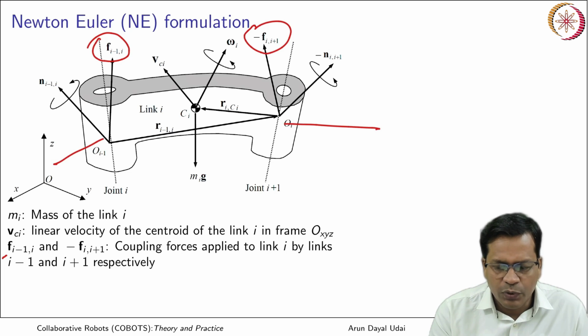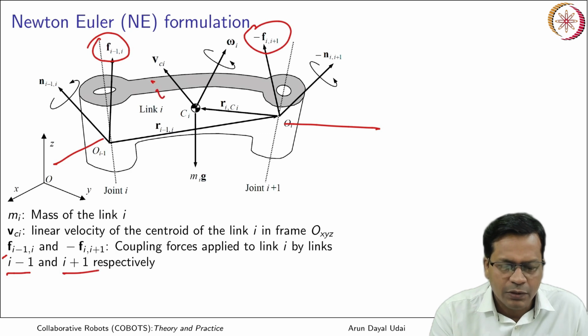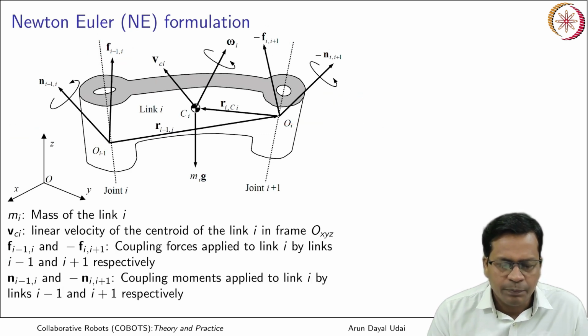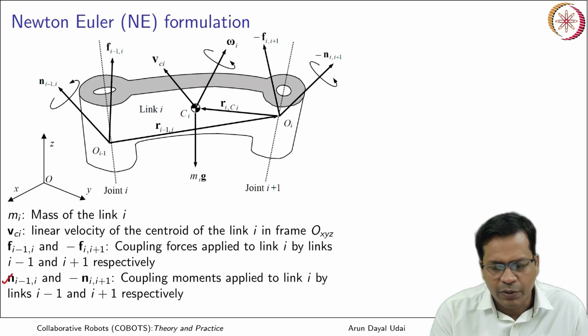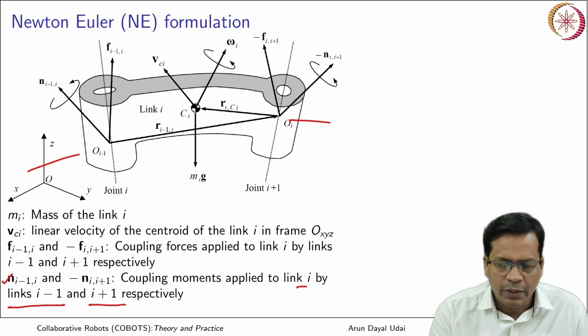These are the coupling forces applied to link i by links i-1 and i+1 respectively. This is link i, so i-1 will be here, i+1 will be here. Similarly, N(i-1,i) and N(i,i+1) are the coupling moments applied to link i by links i-1 and i+1.